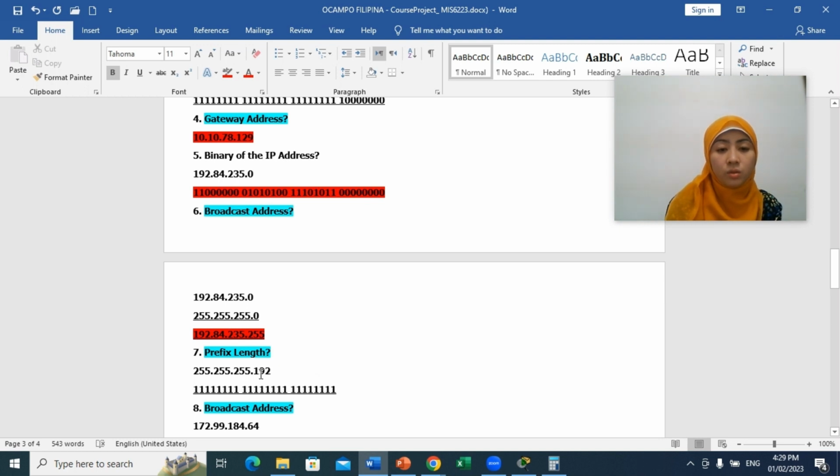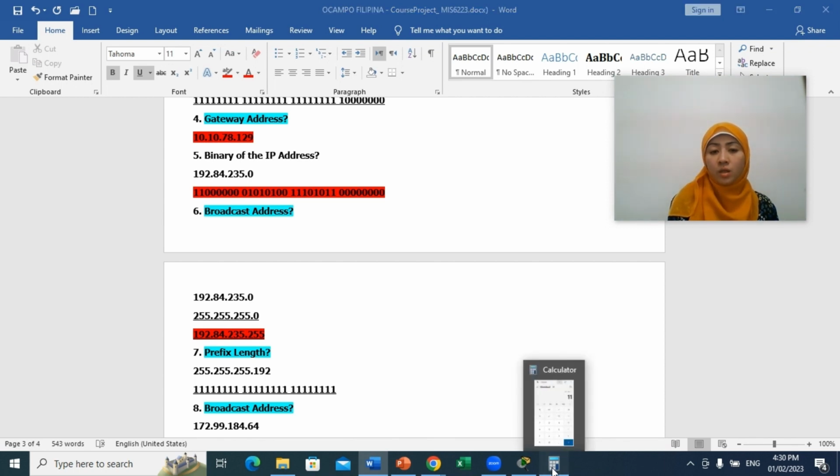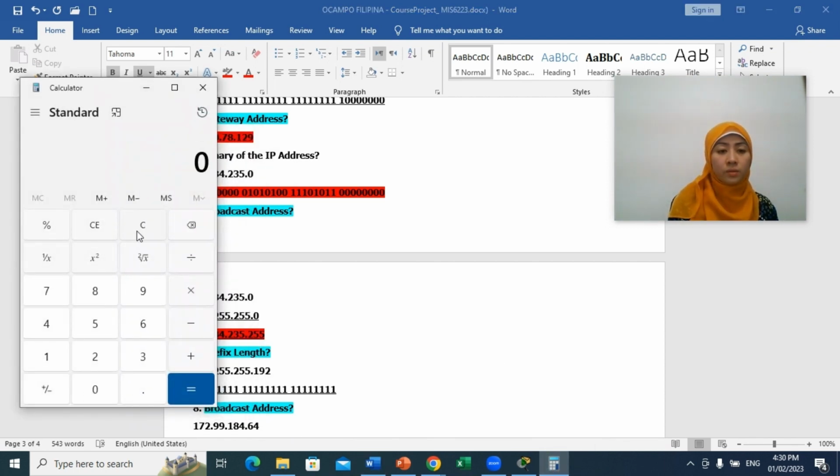So now we will need to get the value of 192. So how do we get that? We need to convert this 192 to binary. So to do that, 192 minus 128 is equal to 64.